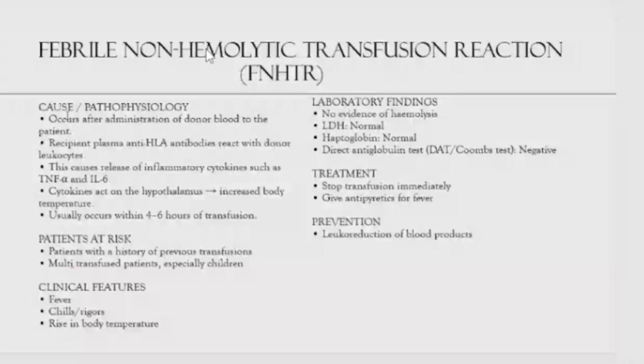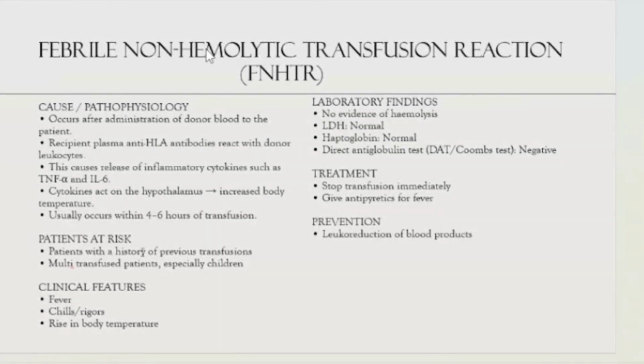It will activate that white blood cell to release cytokines. These are usually TNF alpha and interleukin 6 and also sometimes interleukin 1. And all of them will go and stimulate the hypothalamus, and that will give us the clinical features that I wrote. It will give a rise in body temperature. It will show fevers and chills.